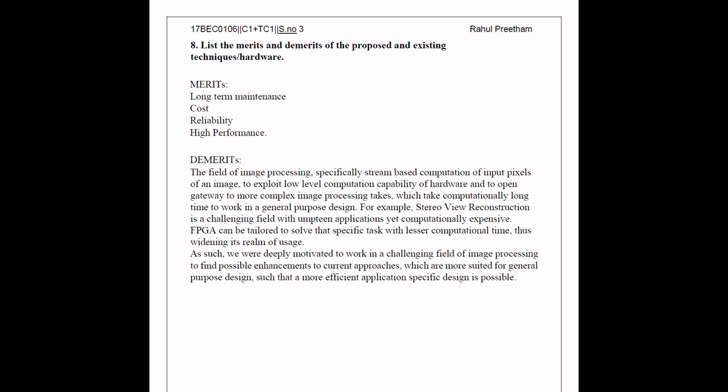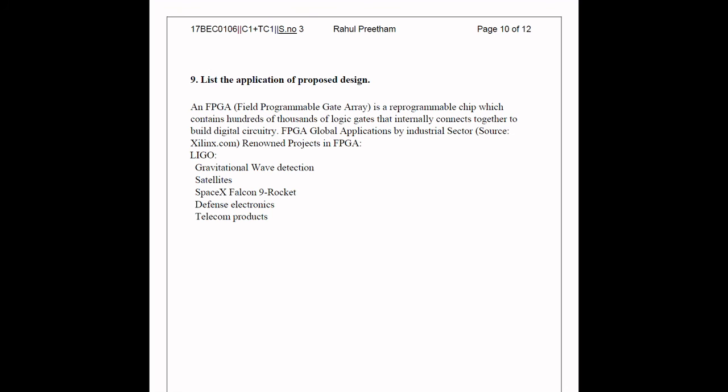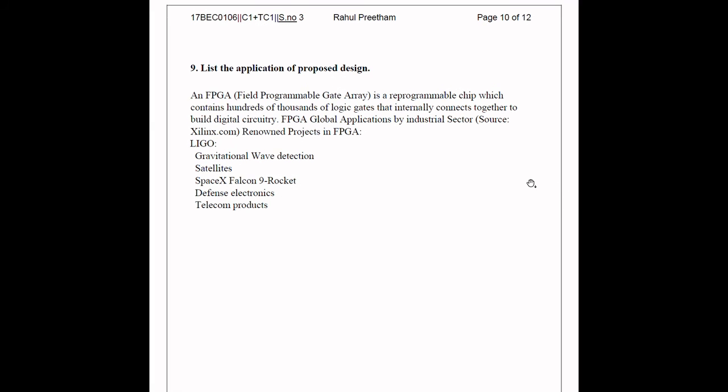FPGA can be tailored to solve that specific task with lesser computational time, thus widening its realm of usage. As such, we were deeply motivated to work in the challenging field of image processing to find possible enhancements to current approaches which are more suited for general purpose design, such that a more efficient application specific design is possible. Now let us list the applications of the proposed design.